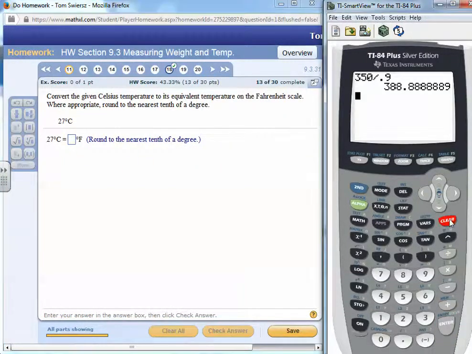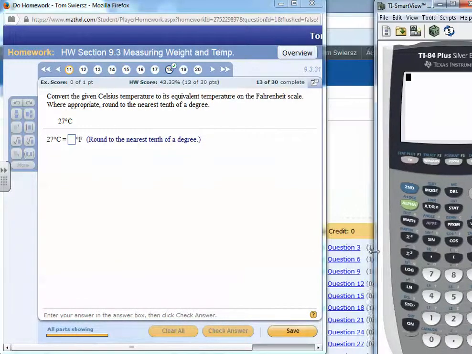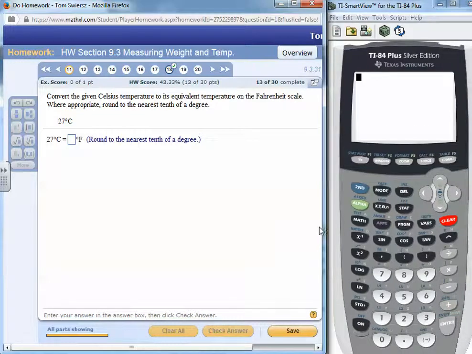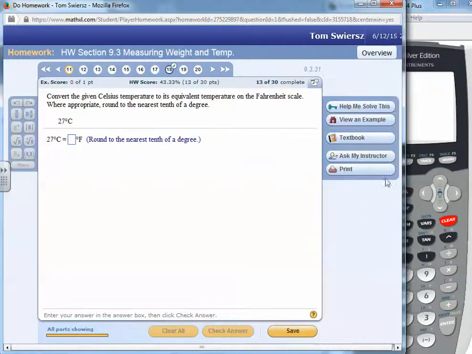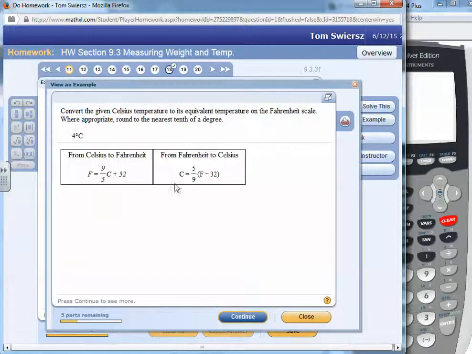Let's look at homework exercise number 11. Convert the given Celsius temperature to its equivalent Fahrenheit. If you view the example, you get the two formulas. Fahrenheit is 9/5 Celsius plus 32.